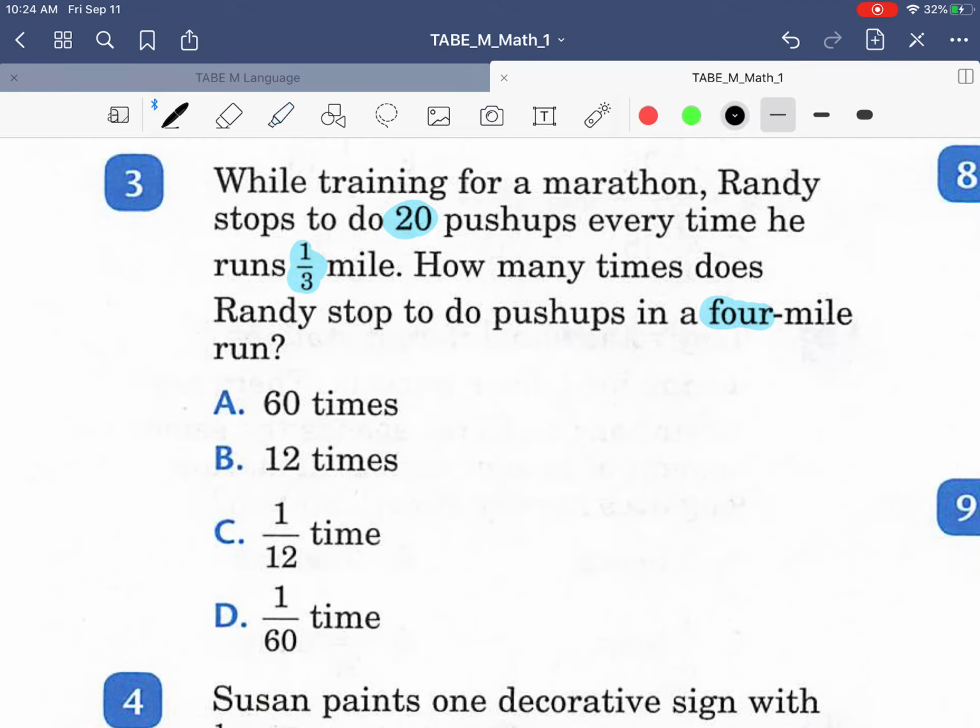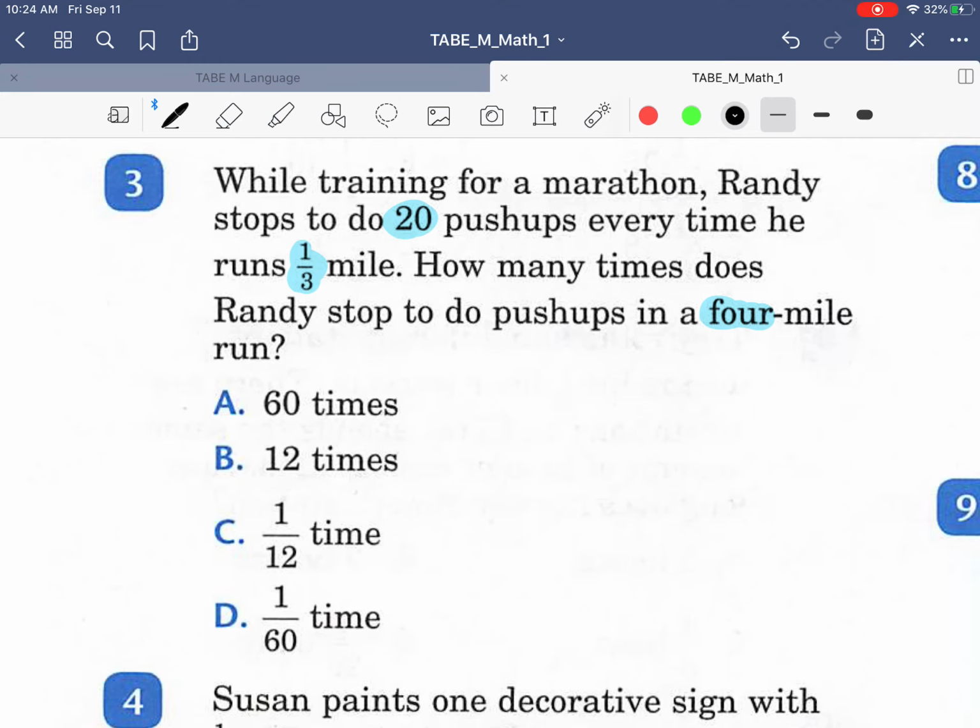We either have a multi-step problem or we have some, what I call junk, some distractors, a distractor that is irrelevant to this problem. And that is actually what's happening here. There is a distractor that we don't need to use. It's either the 20, the 1/3, or the 4. And we have to figure out which one of those is the junk. Which one of those am I going to throw out?